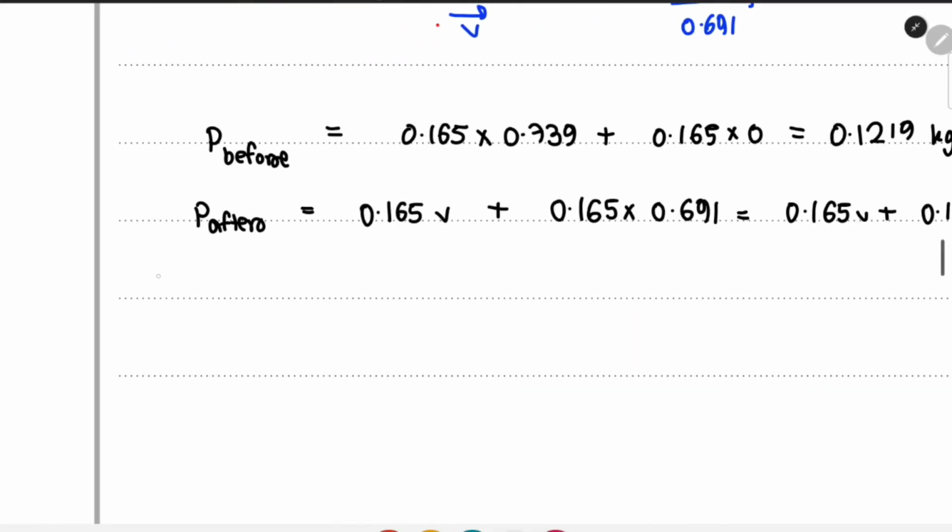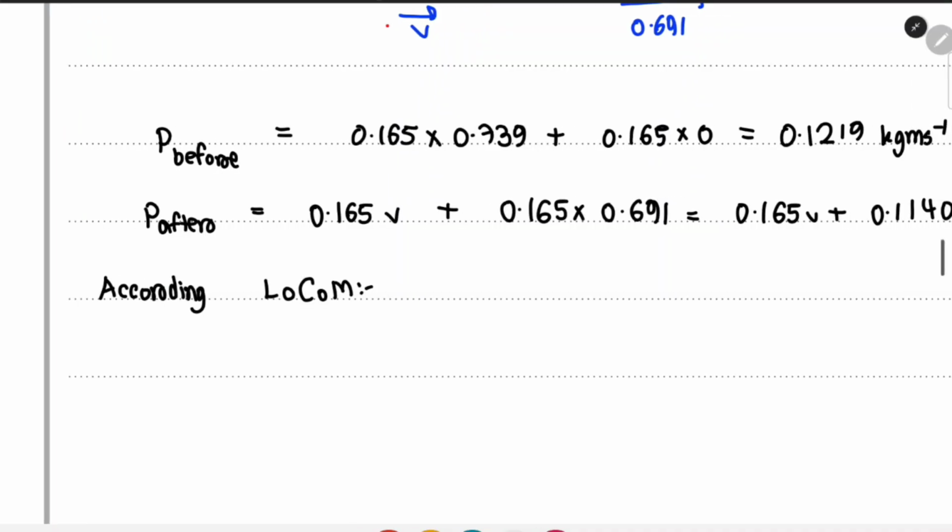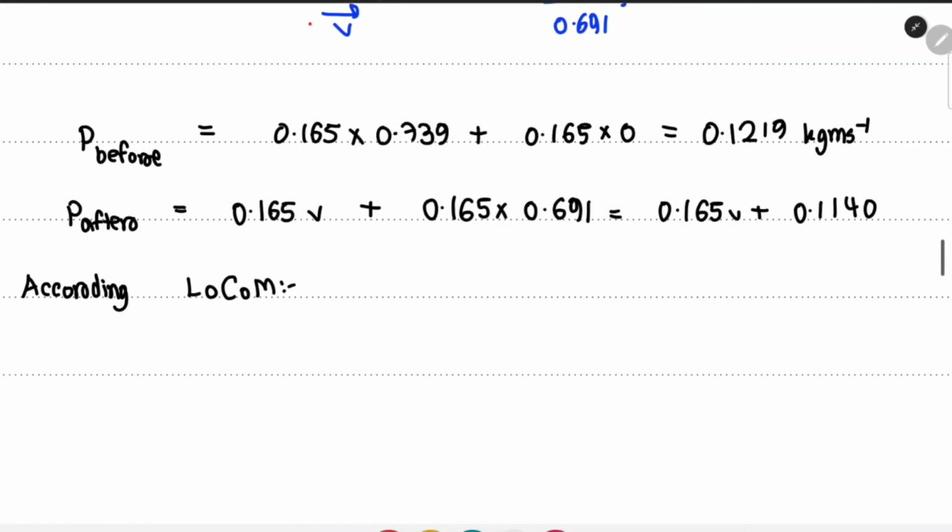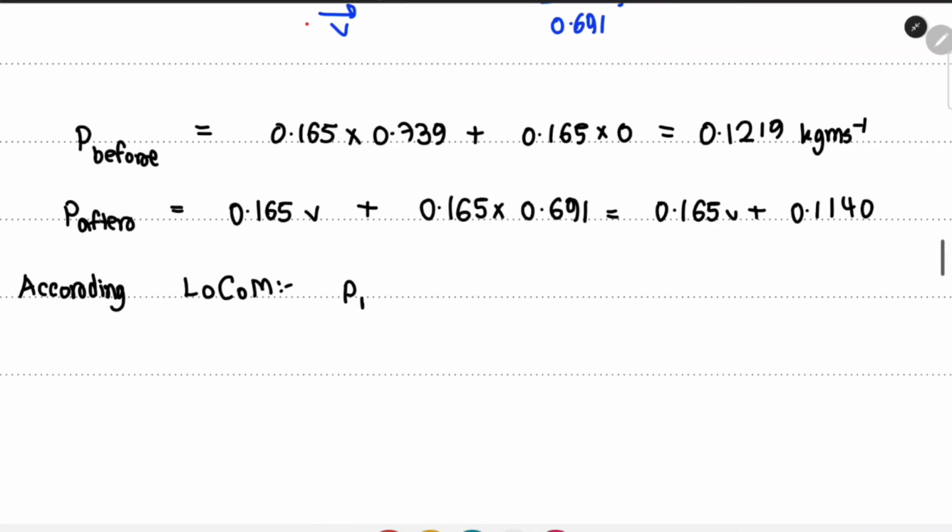Now, according to the law of conservation of momentum, I have momentum before equals momentum after.